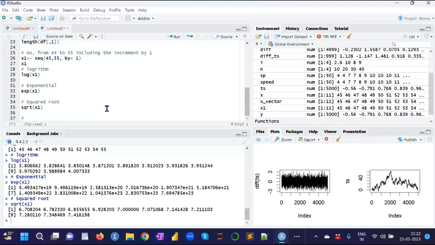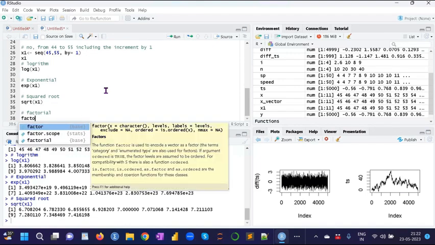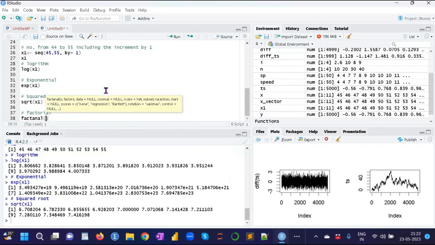Now see the factorial value, then factorial.